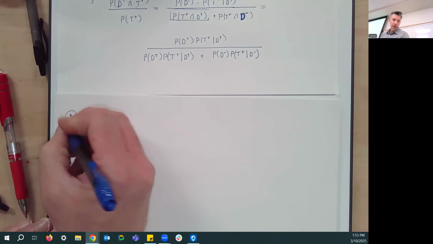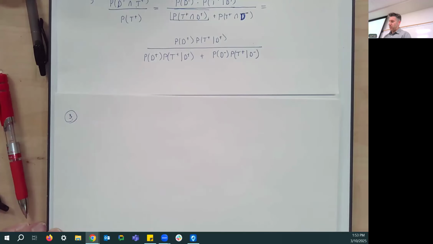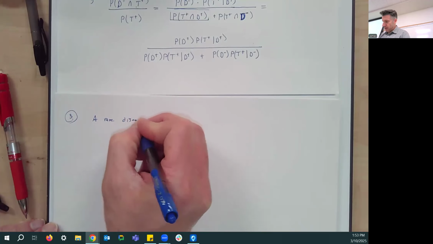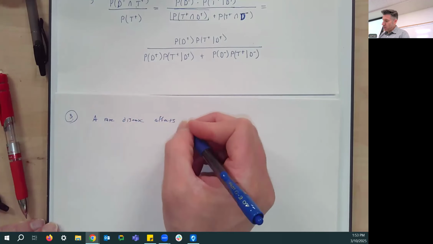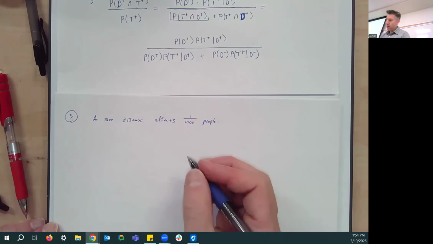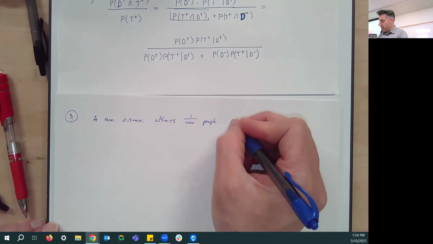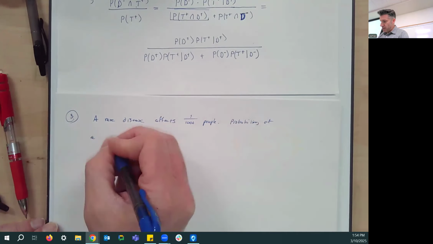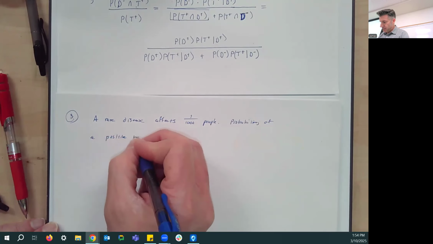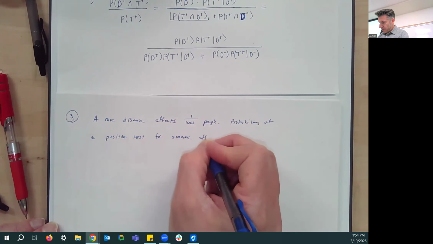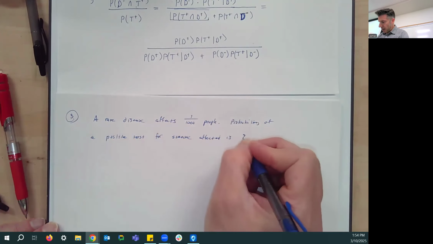This is 3. I'm just going to write down the relevant things here. So, a rare disease affects 1 out of 1,000 people. So that's its prevalence. The probability of a positive test for someone affected is 99%.